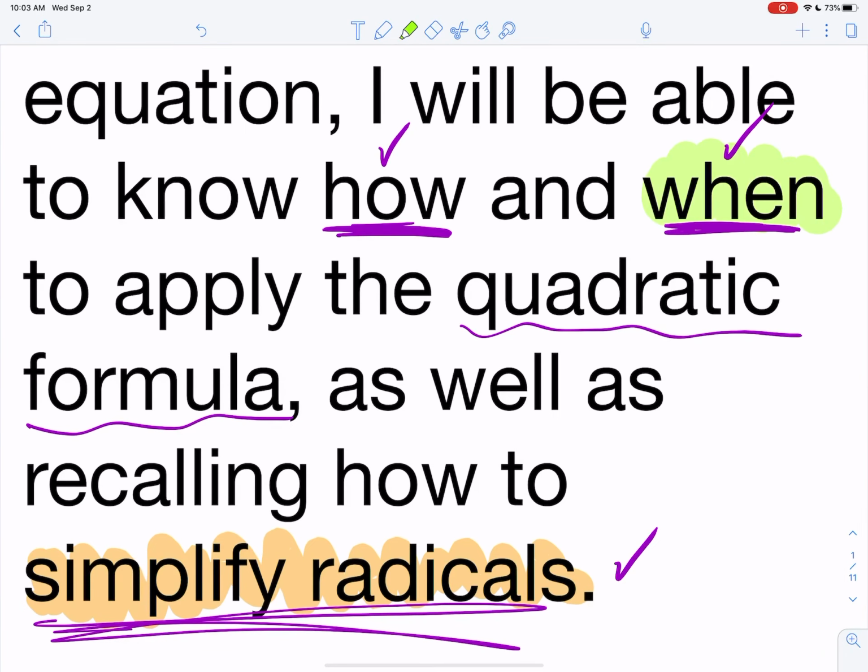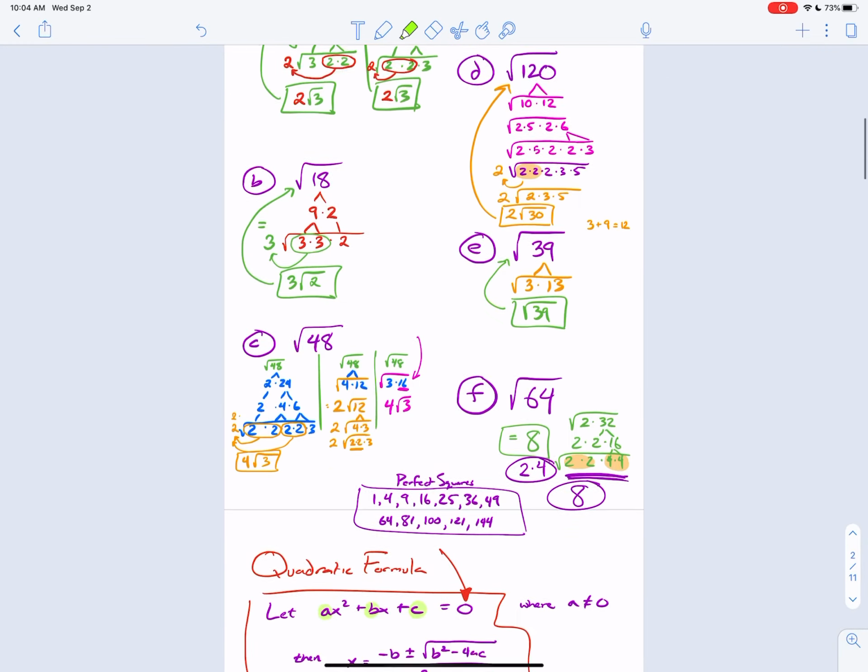This is your when right now, okay? So I'll say it one more time so you can write it down. You only use the quadratic formula if you can't factor it, okay? So seeing as how this is the quadratic formula lesson, I'll focus on equations where you can't factor it, okay?